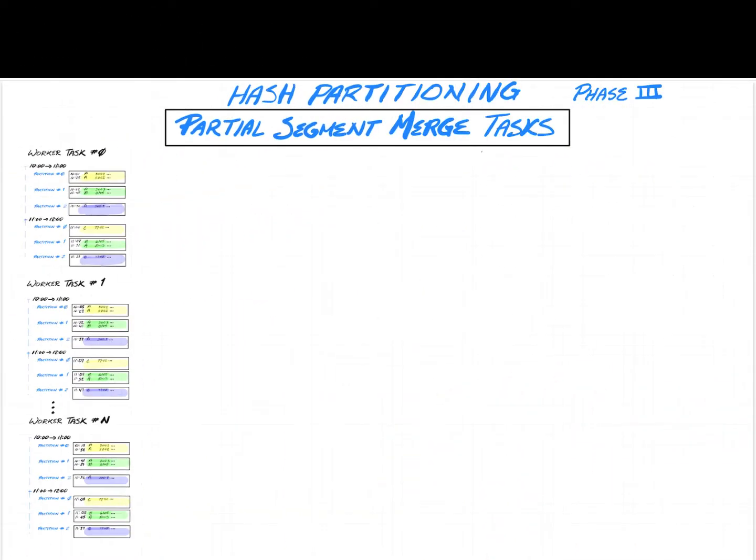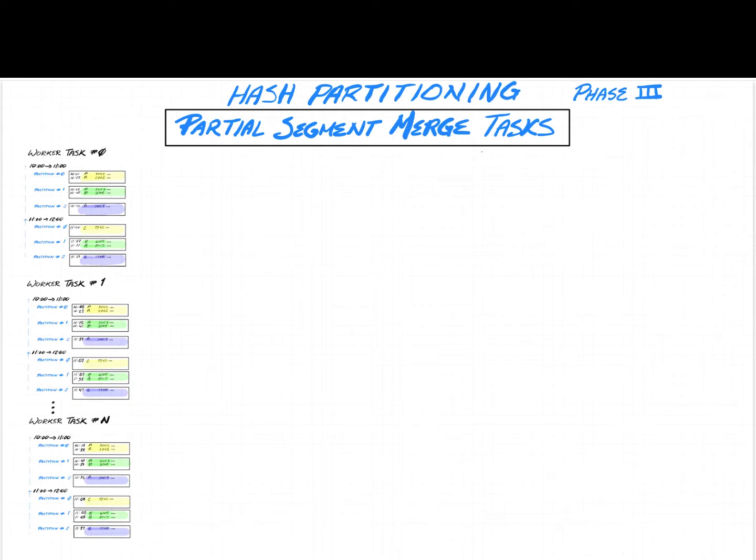So in the next phase, we start with the results from the previous phase, right? Which means each worker will have subdivided the data into time chunks, and within each time chunk into subpartitions. And each of the workers will have done the same job, so it'll have overlapping time chunks and partitions that need to be merged.